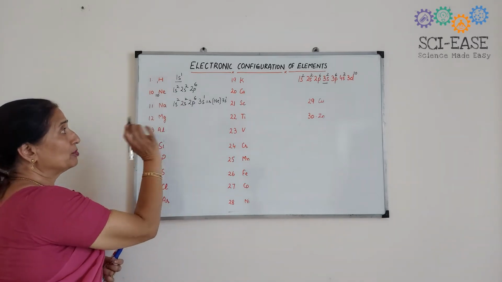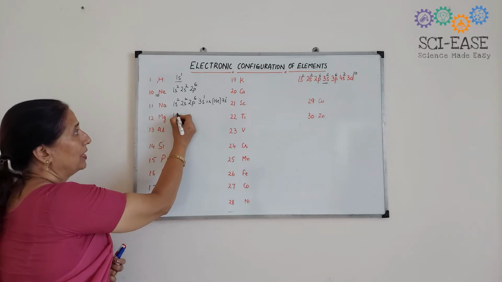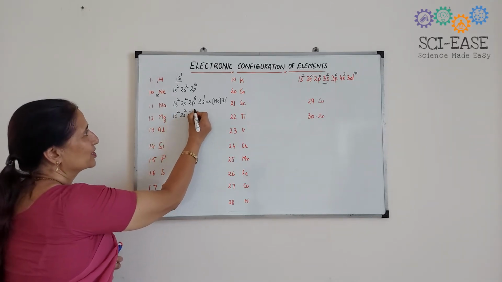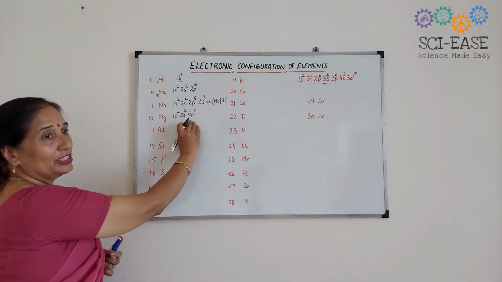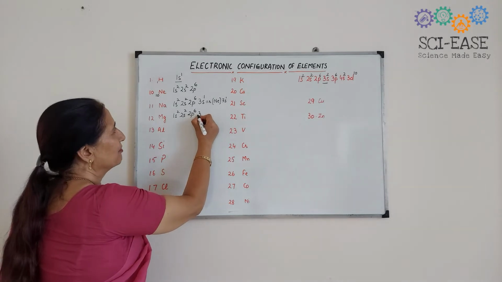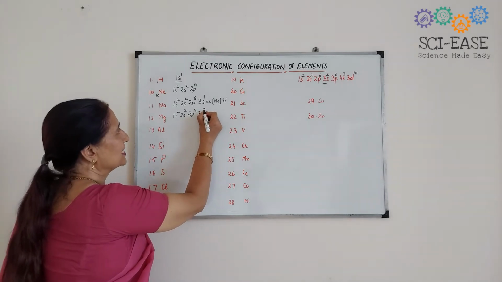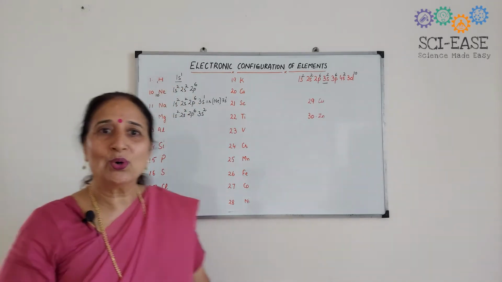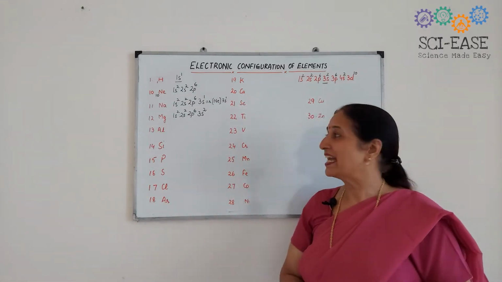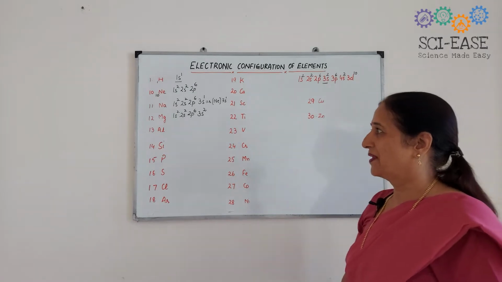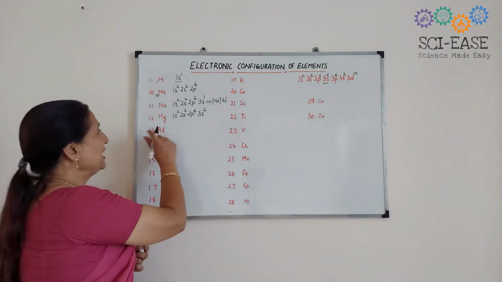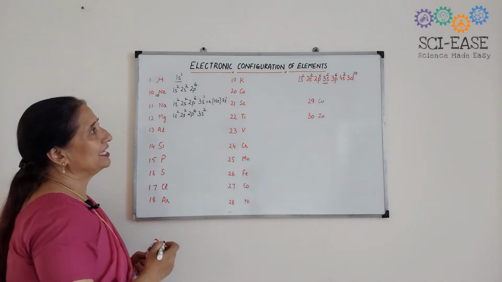Now, magnesium 12: 1s2, 2s2, 2p6. So this is configuration of neon. And now the next electrons will go in 3s2. So it will also be fully filled in case of magnesium. Now, next is aluminium with atomic number 13.